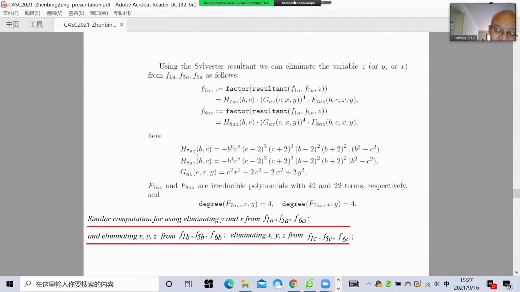There are a lot of smaller, simpler polynomials obtained. We will not show this in detail here because there are probably only 5 minutes left.